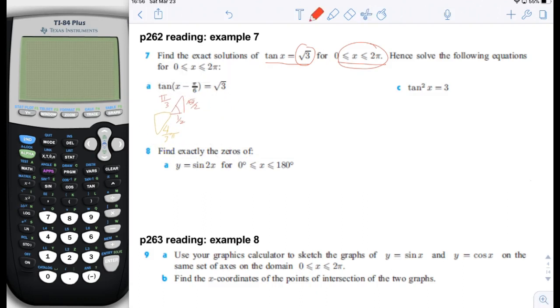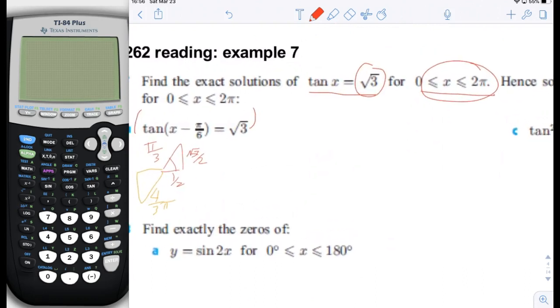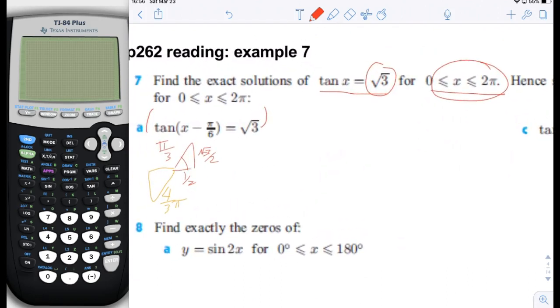And now what we're going to do is take that result and solve this problem here. Okay? So we're going to draw a little table. The table is going to have 3 columns. The first column is going to be x, and the second column is going to be x minus pi over 6, because that's what's inside the tangent. And then the third column is going to be the tangent of x minus pi over 6.